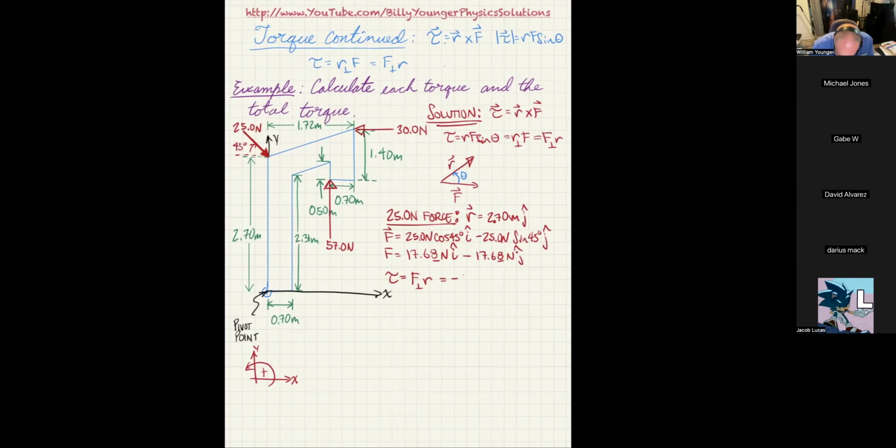And now I'm going to take the 17.68 newtons. And by the way, that 17.68 newtons is not because I'm taking the y component. It is not because I'm taking the y component. It's negative because the torque is a clockwise torque. The 17.68 that I'm taking is actually the x component because that's the one that's perpendicular to the lever arm.